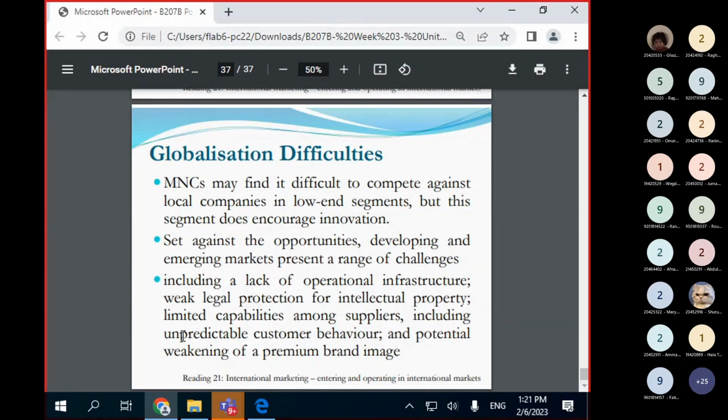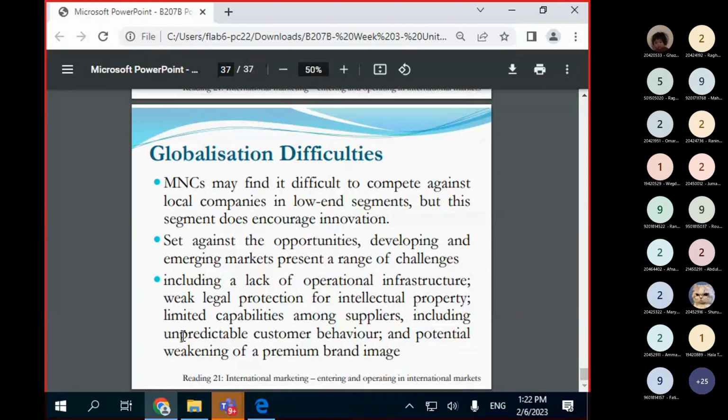Of course, global companies have difficulties competing against local companies in the low-end segment. Why? Because local companies understand the customers so much, and how much they are willing to pay and what they need.